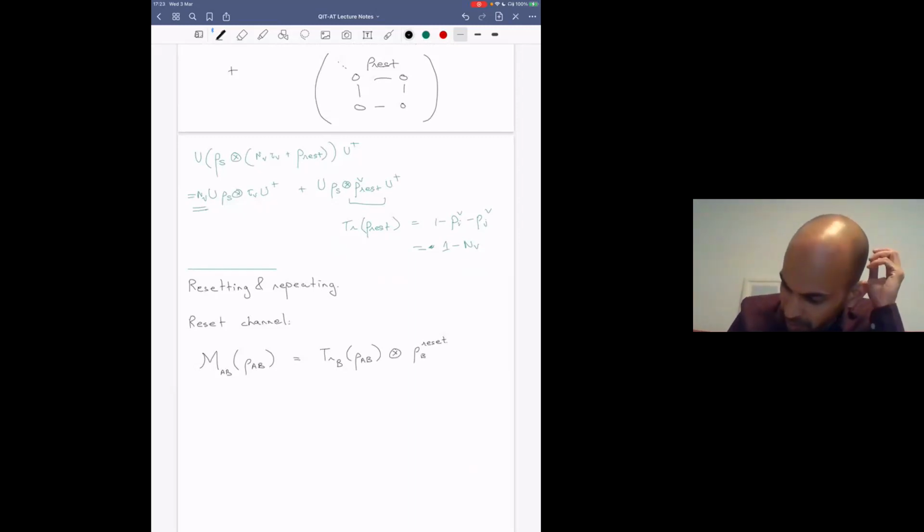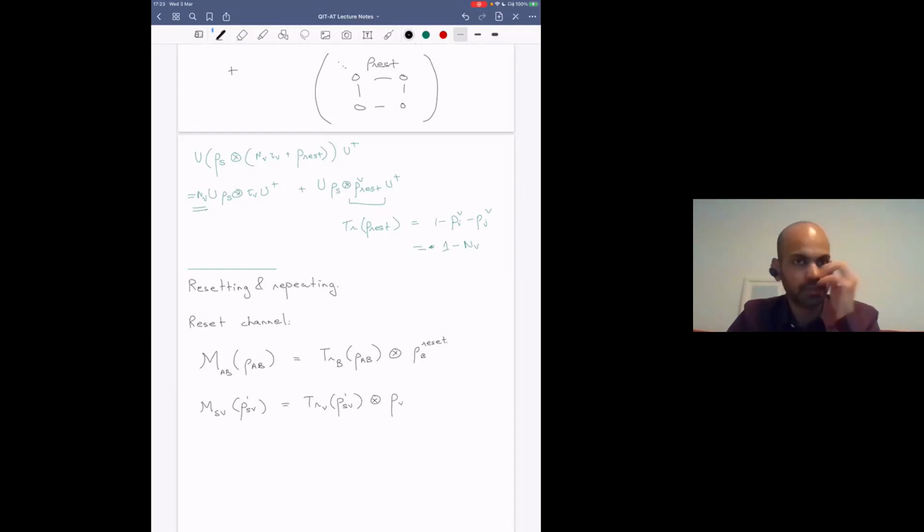So in our case, our reset is going to take rho SV prime, whatever it is, and it's going to replace it by, we trace out V to find the reduced state on the system, and then we tensor it with rho V, which is the state of V that we started off with in the beginning.